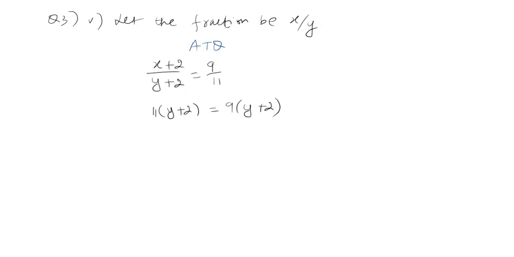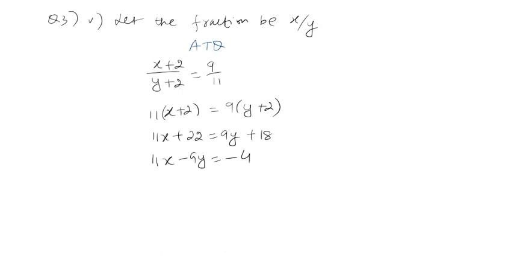So cross multiply, 11 into x plus 2 and 9 into y plus 2. So if I multiply, I get 11x plus 22 equals 9y plus 18. So 11x minus 9y is equal to minus 4.